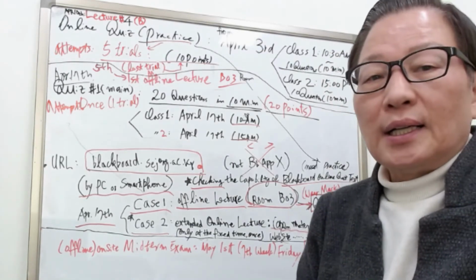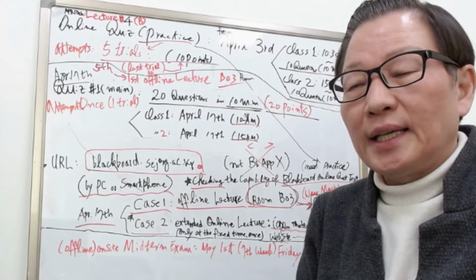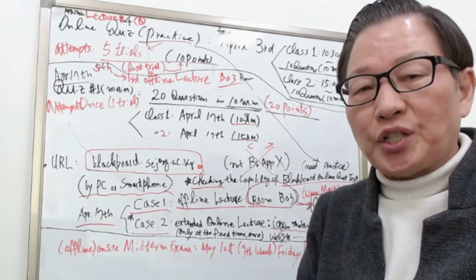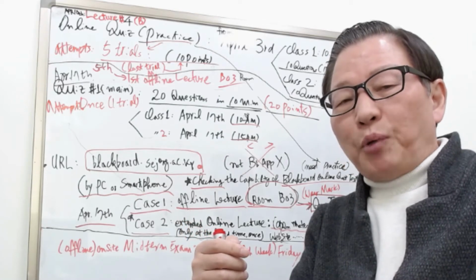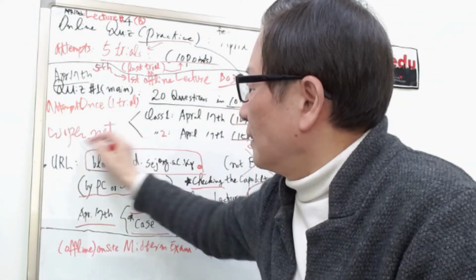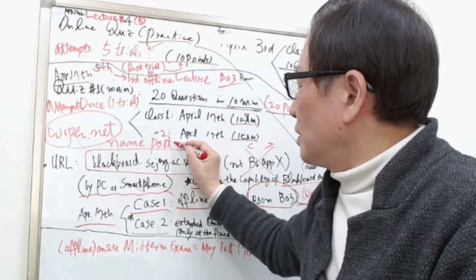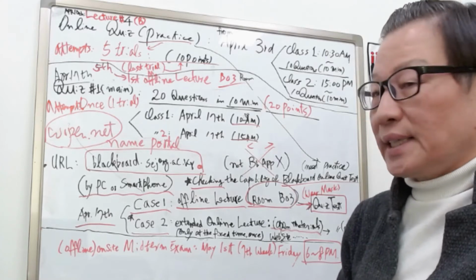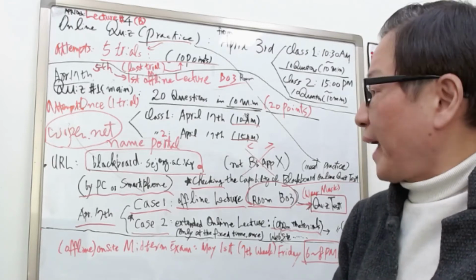I will use the computer, and as we learned already, we learn about some applications of HTML5. The name portal wopen.com or wopen.net will be introduced as an example of using HTML5 and the implementation of HTML5 in their application.